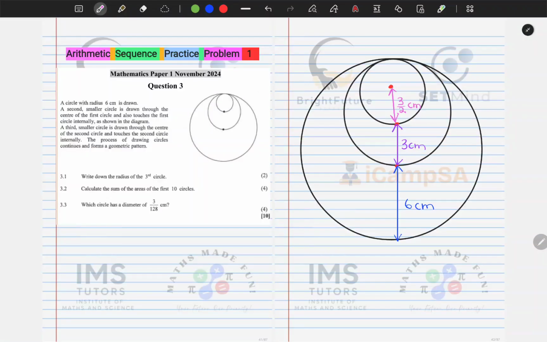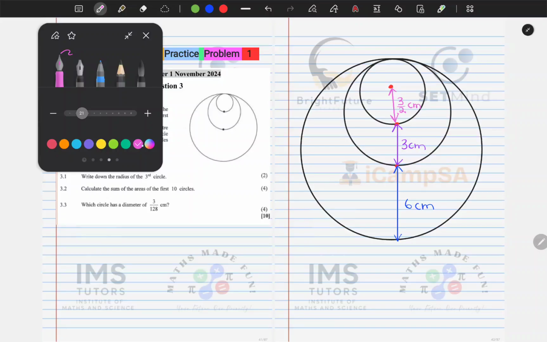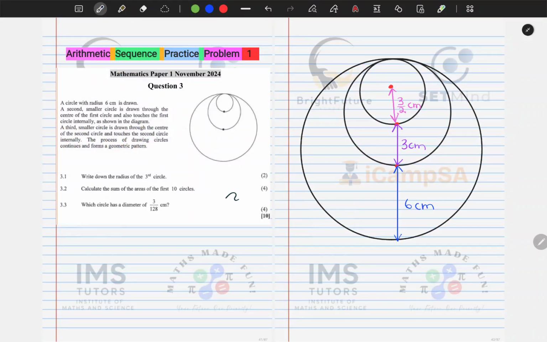If you think carefully, the pattern will carry on and on. Now they are looking for the radius for the third circle. So for 3.1, we can give them the radius. The radius is simply 3 over 2 centimeters, which if you want, you can write as 1.5 centimeters.